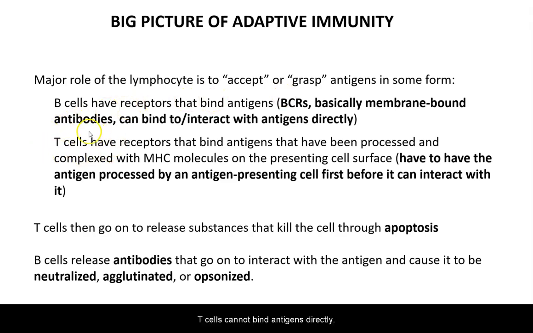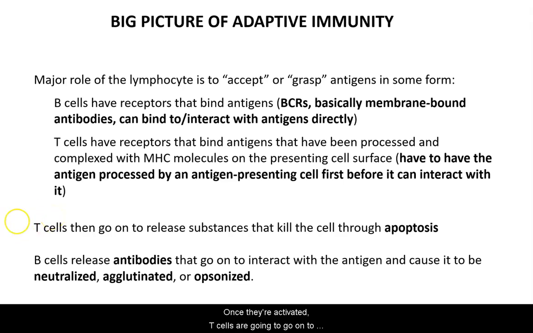T cells cannot bind antigens directly. They can only bind antigens that have been processed and complexed with those MHC molecules, and the cells that do this are called antigen-presenting cells. So T cells can only recognize antigens that have been processed and presented to them by antigen-presenting cells, things like the macrophage, the dendritic cell, and B cells.